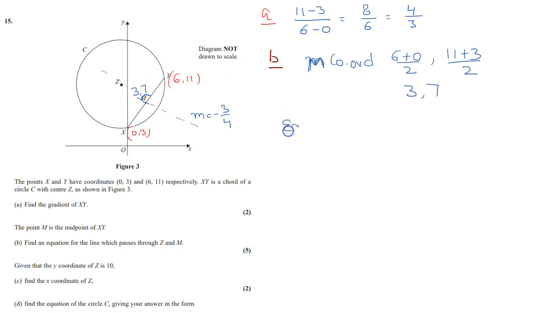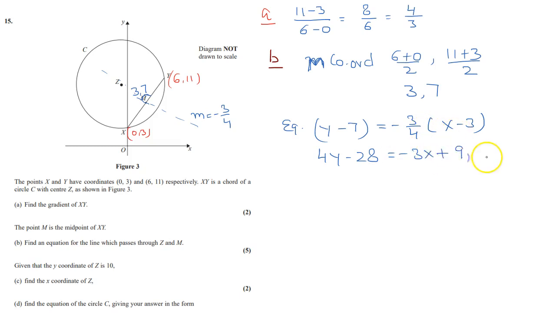So the equation will be y minus y1 is equal to minus 3 over 4 times x minus x1. So 4y minus 28 is equal to minus 3x plus 9. 3x plus 4y minus 37 is equal to 0.